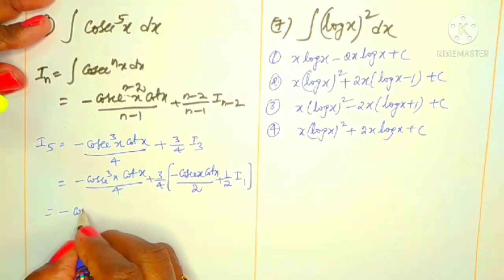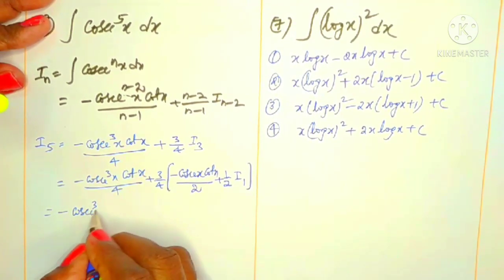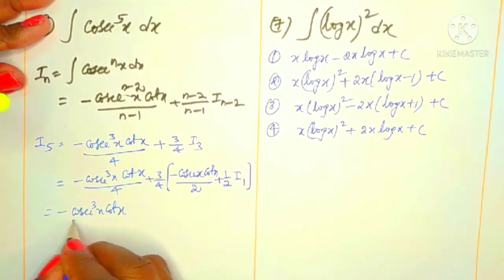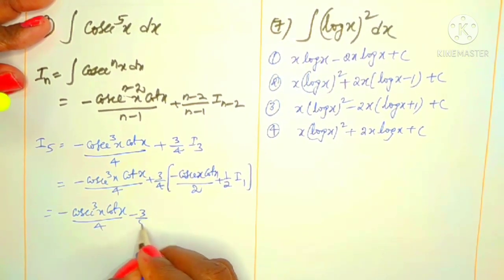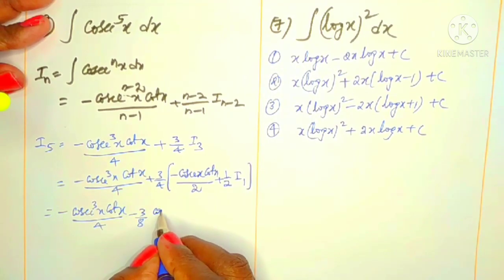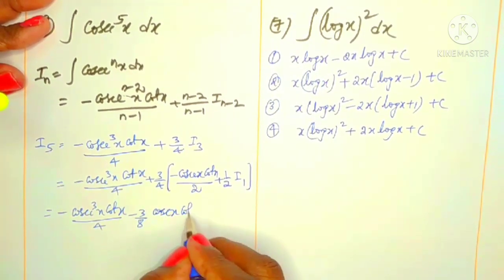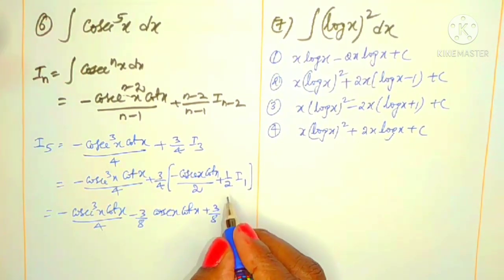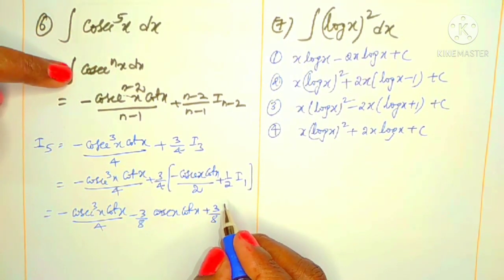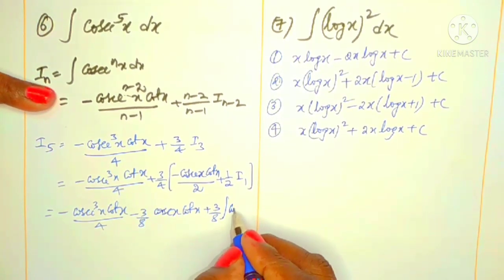That gives minus cosec^3 x cot x by 4, then 3 by 4 with minus 1 by 2 means minus 3 by 8 of cosec x cot x, plus 3 by 8 of I1. I1 means the integral of cosecant x.